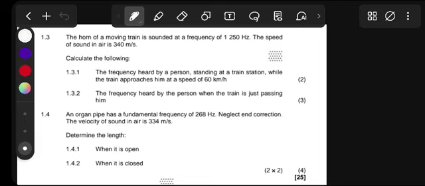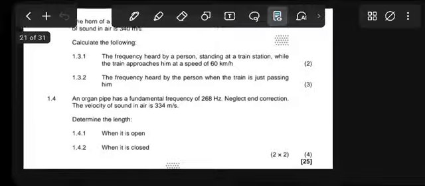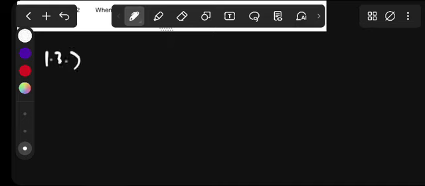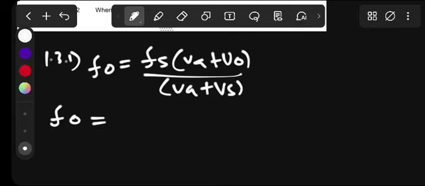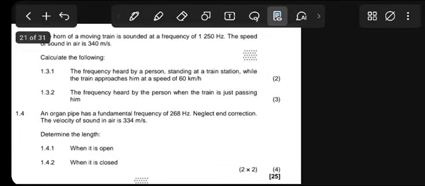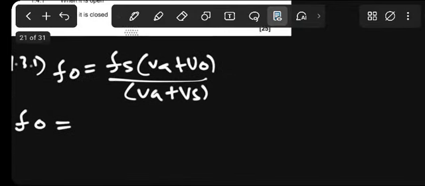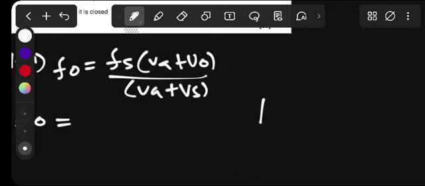It says calculate the frequency heard by the person, who is just the observer. That is what we wanted there, 1.3.1. So we know that our formula is simply the Doppler effect of the source and observer. Write the formula, the source like that. They want the frequency heard by the person, the observer. The observer is stationary there, and the train is approaching.